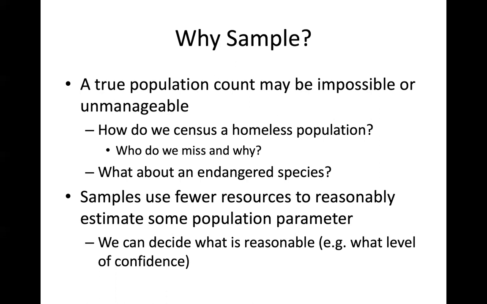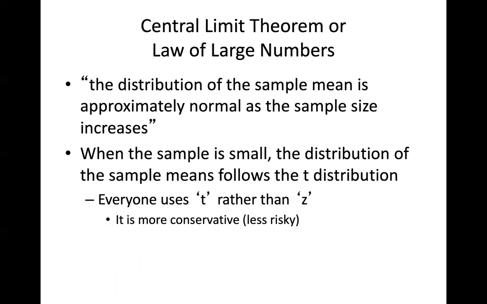Samples overall help us use fewer resources to get a reasonably close estimate of what the population looks like, or some population parameter. And the best part about sampling is we get to decide what we think is reasonable. So people always ask, how many do you need to take? Well, it depends, and we'll talk through that.